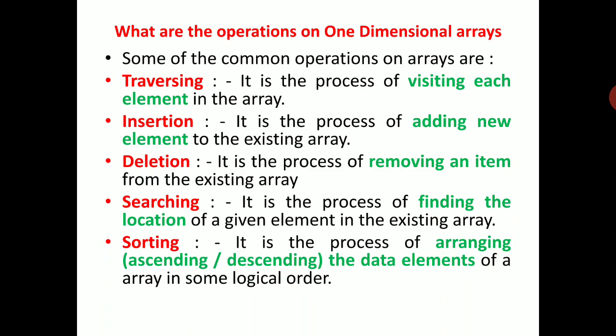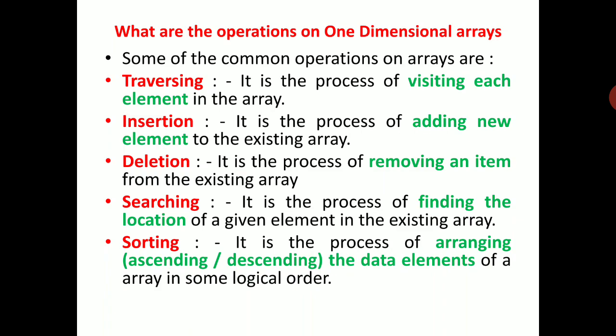In the last video, in the operations of data structures, we listed merging also. Merging means combining two different data structures. You can see here we have not listed it because we are going to study an algorithm on only these 5 things.